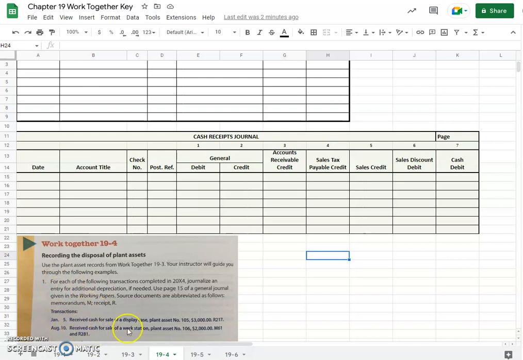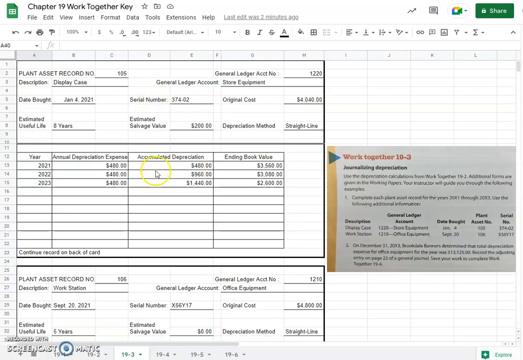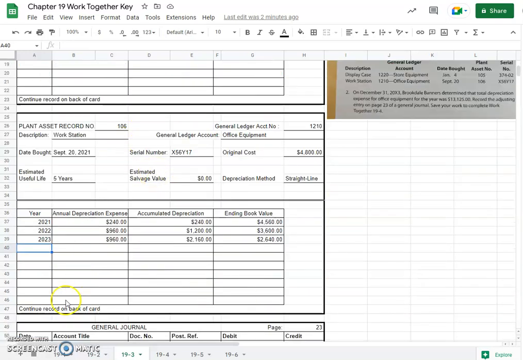So let's go back to August 10th, and let's figure out what the depreciation would be. This is for our workstation, 2024, and if we needed to do just 7 months of this, we would take our $960 total annual depreciation times 7 months out of 12 months.